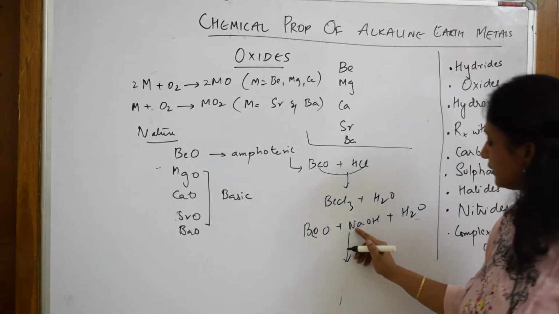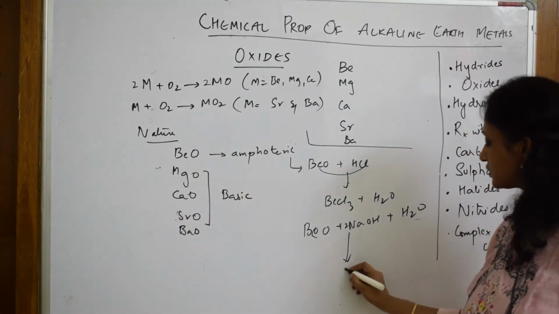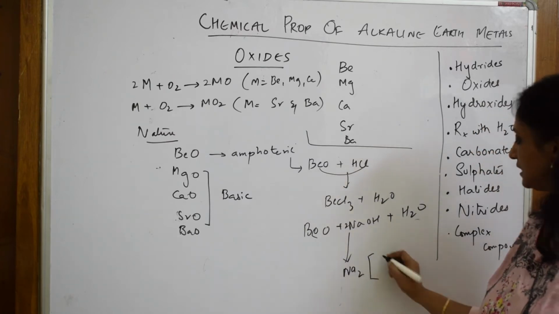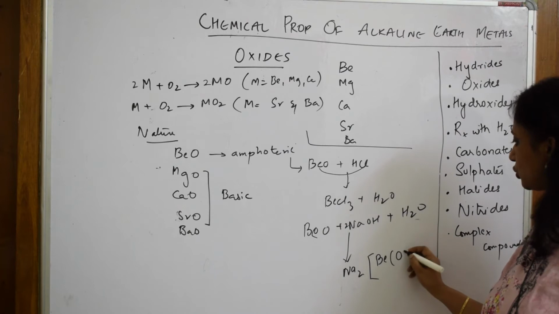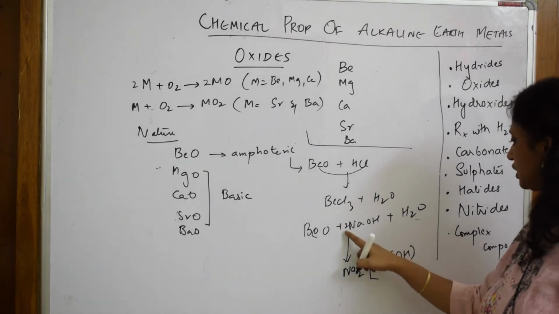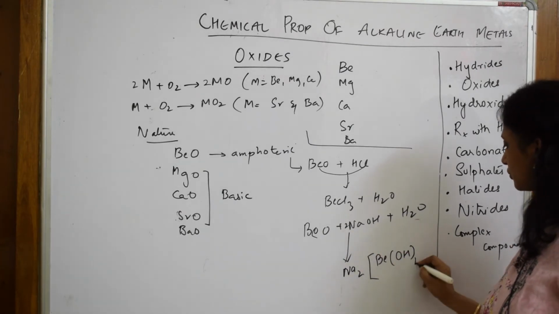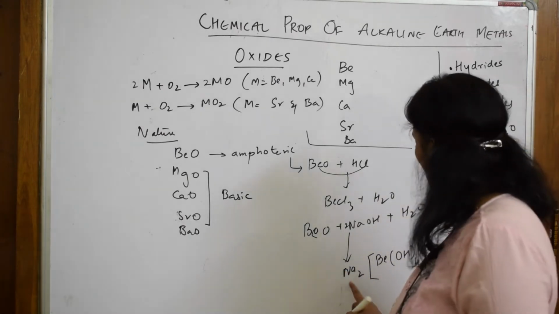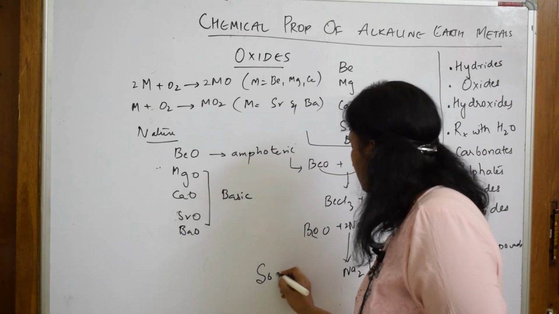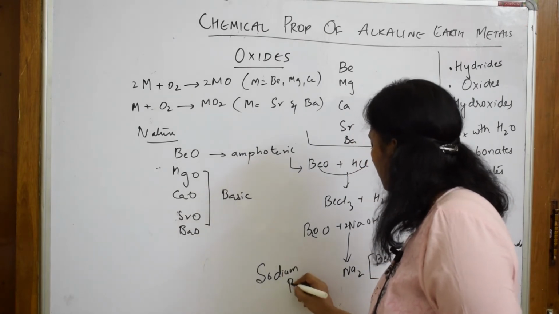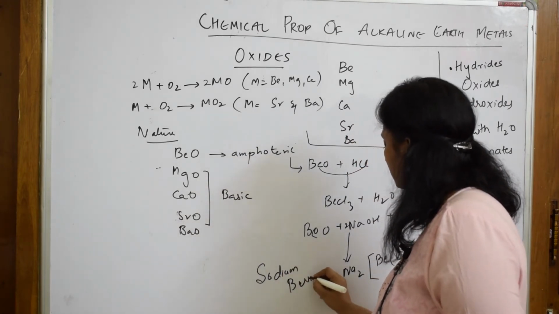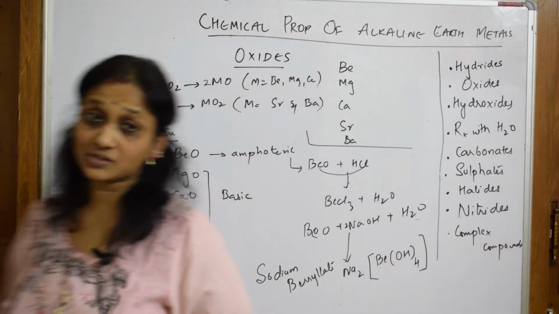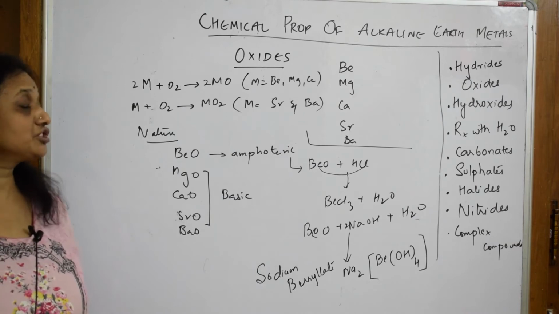Taking sodium as 2 moles, it forms the complex Na2[Be(OH)4], with OH taken 4 times. This complex is called sodium berylate. Sodium berylate is the complex formed. This is the information about oxides.